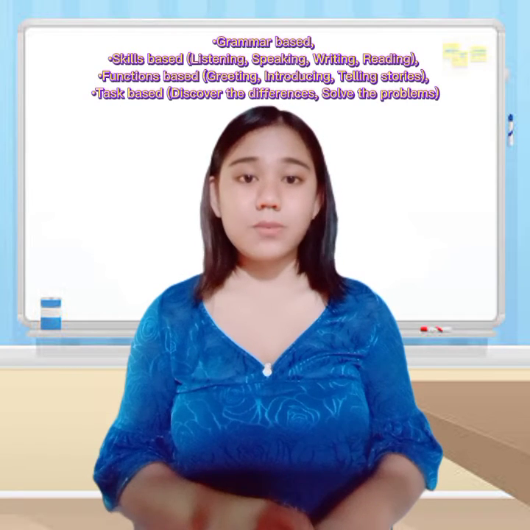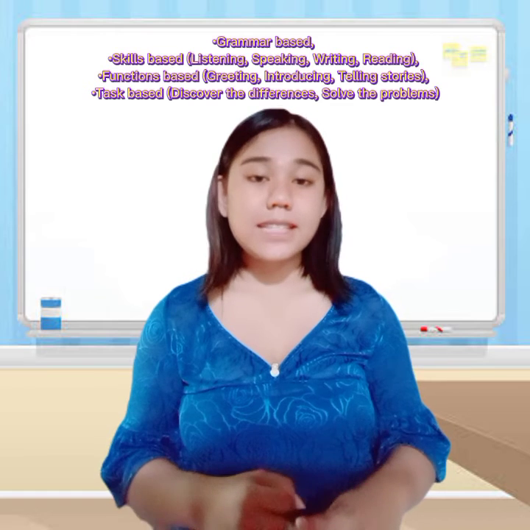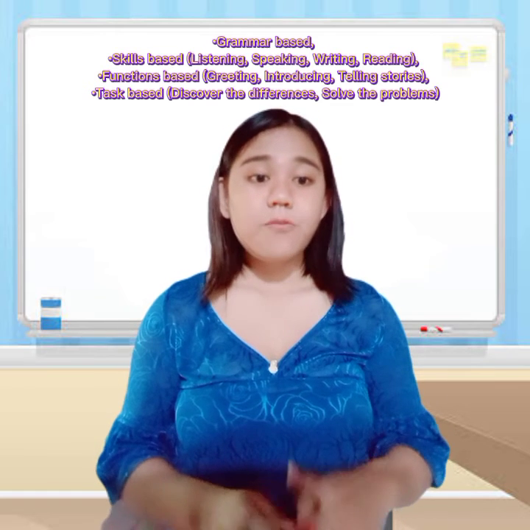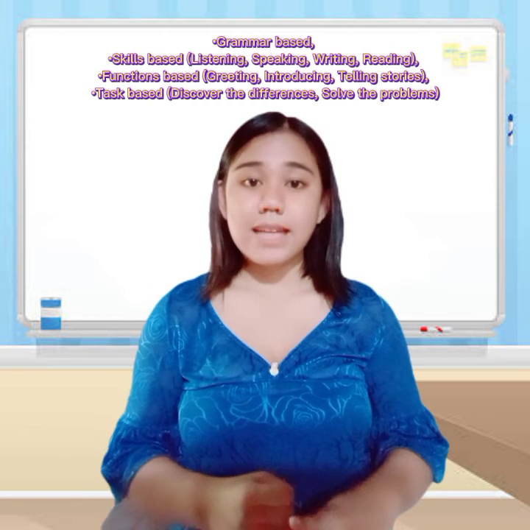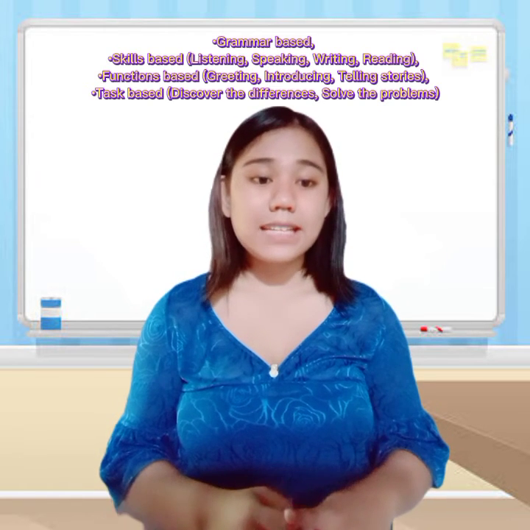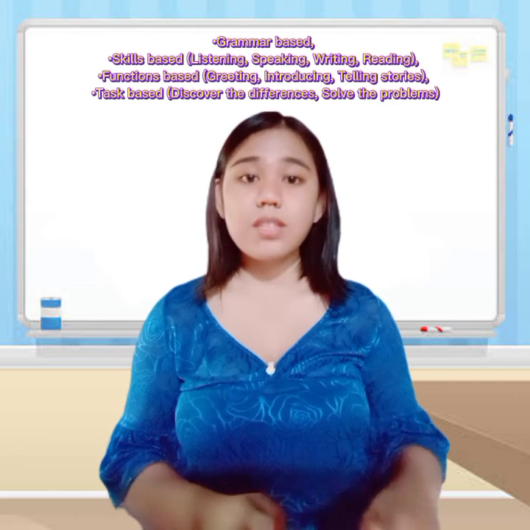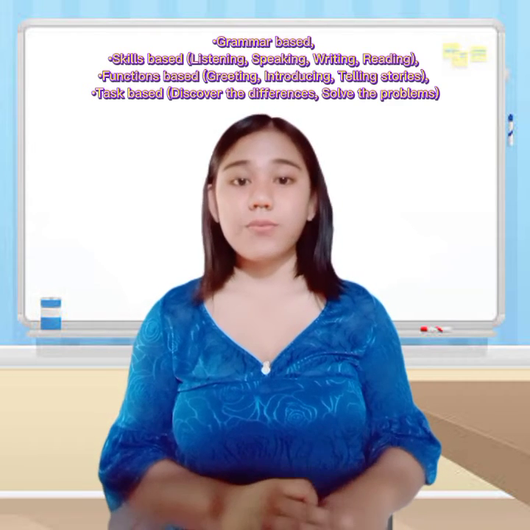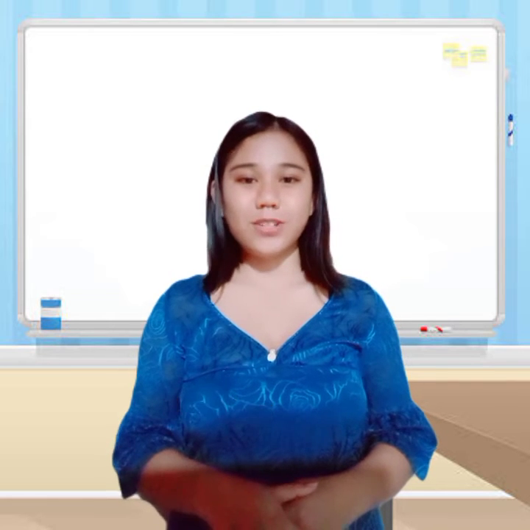At the level of the design, there is a syllabus which focuses on grammar-based, skills-based, which is listening, speaking, writing, and reading, functions-based, greeting, introducing and telling stories, and task-based, which is discovering the differences and solving the problem. At the level of procedure, the following should be shown.